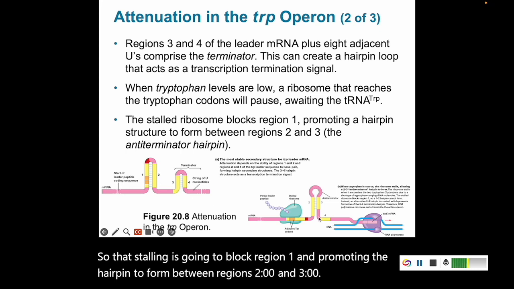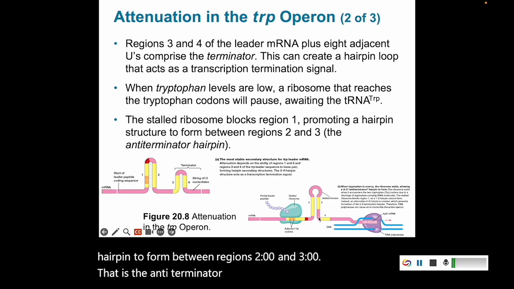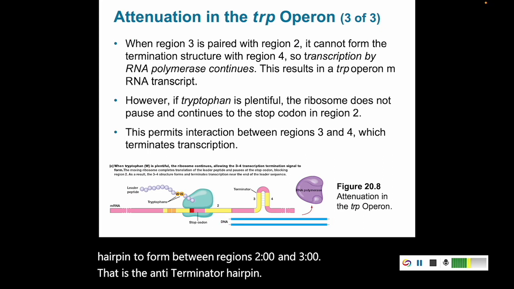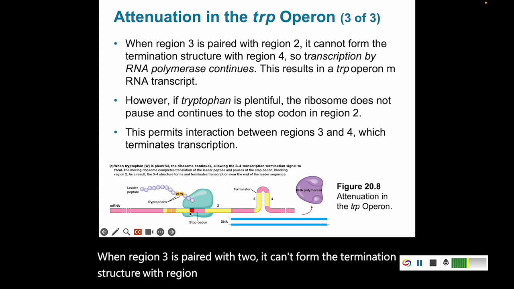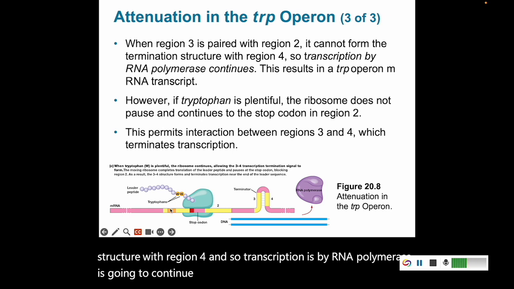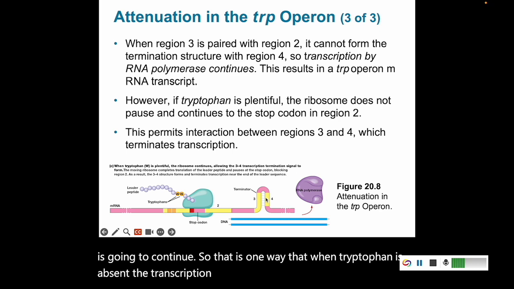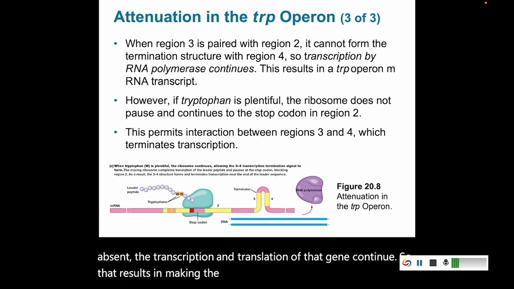That is the anti-terminator hairpin. When region 3 is paired with 2, it can't form the termination structure with region 4, and so transcription by RNA polymerase is going to continue. So that is one way that when tryptophan is absent, the transcription and translation of that gene continue. So that results in making the Trp operon mRNA transcript.